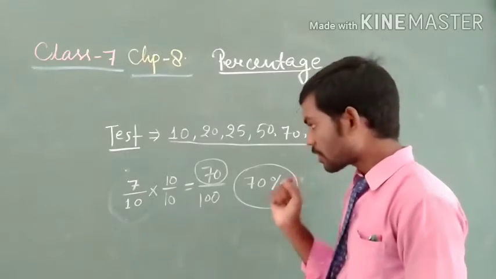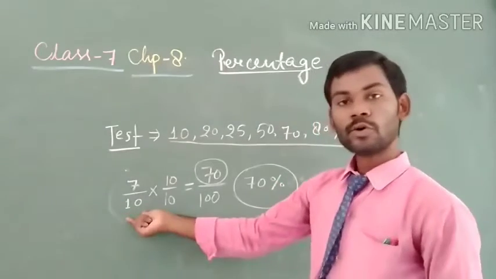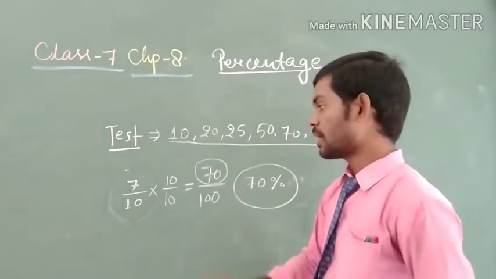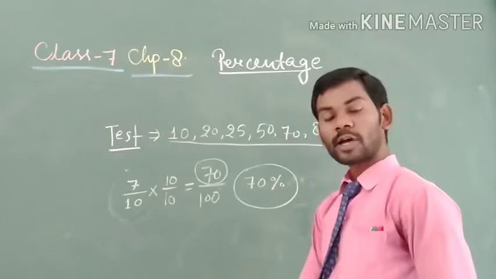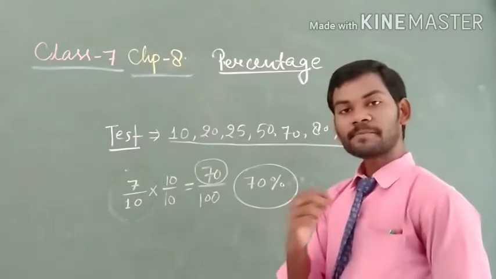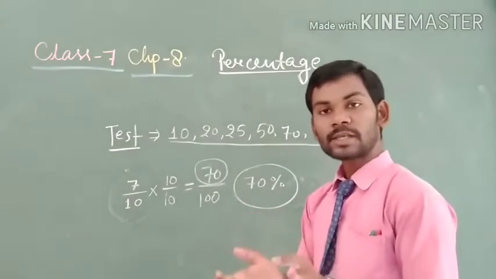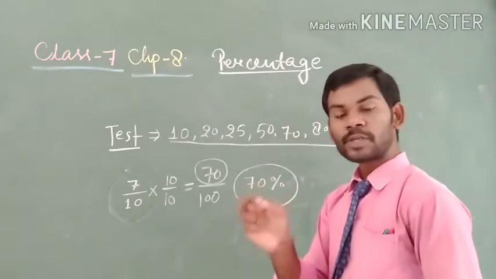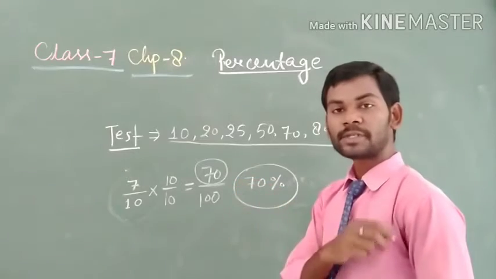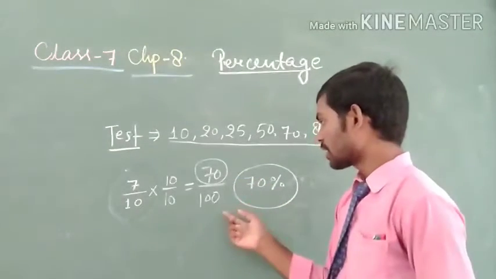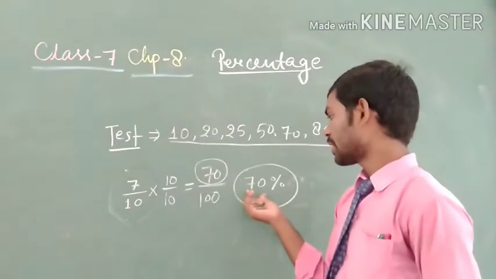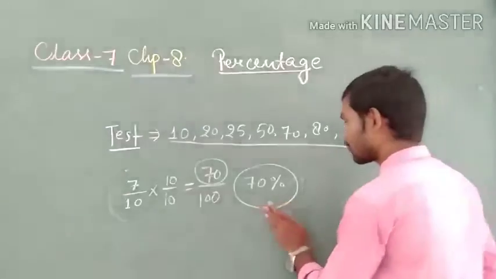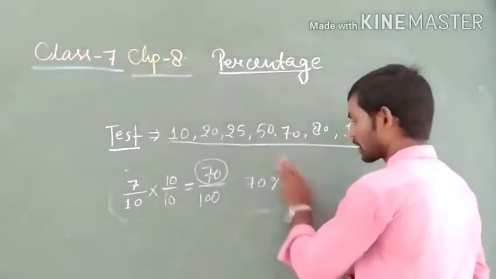Because 100 is the whole, and we obtain 70 marks out of the whole. That is why, if the whole is 100, then whatever we obtain is written as a percentage. Therefore we write here 70%.